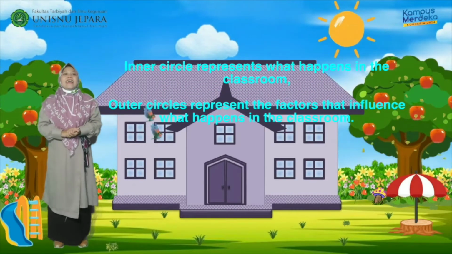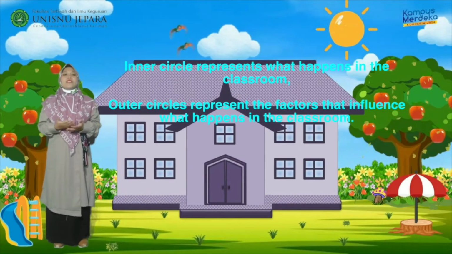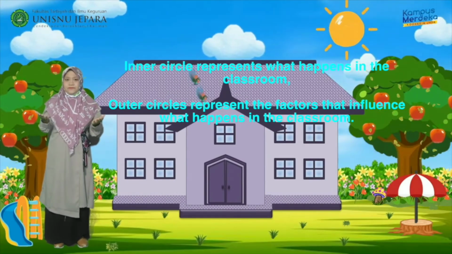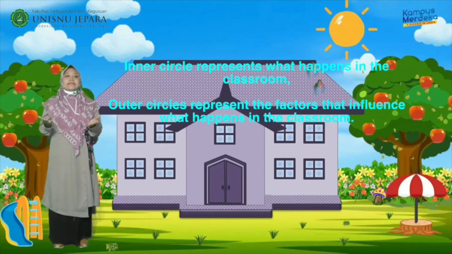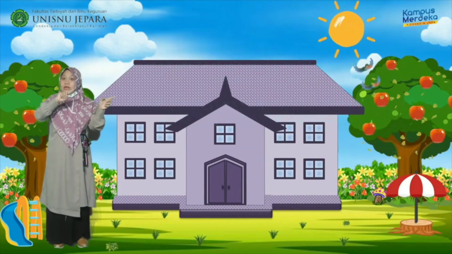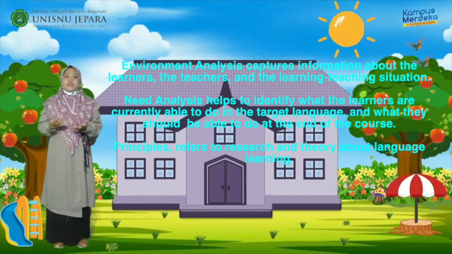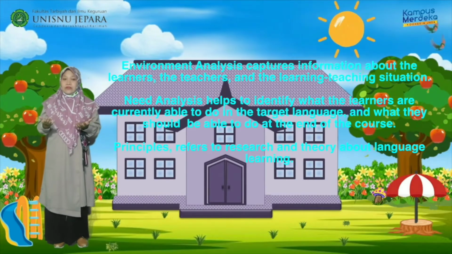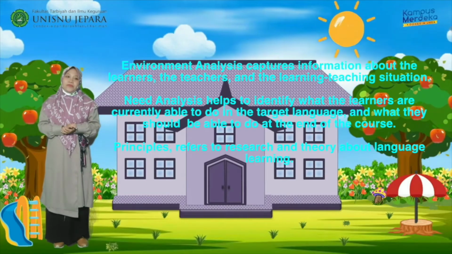The inner circle represents what happens in the classroom, and the outer circle represents the factors that influence what happens in the classroom. You can go back to the figure. The first, environment analysis, captures information about the learners, the teachers, and the teaching and learning situation.